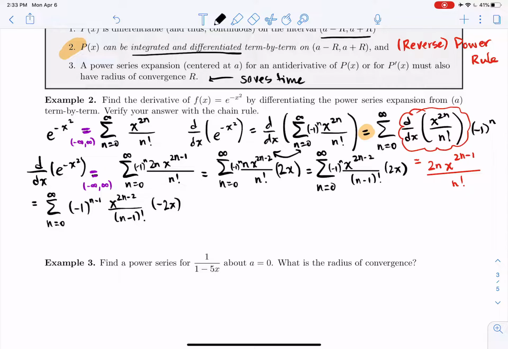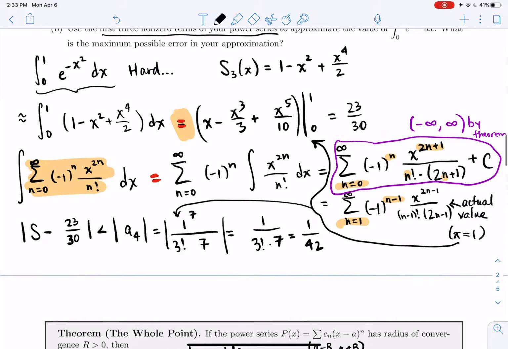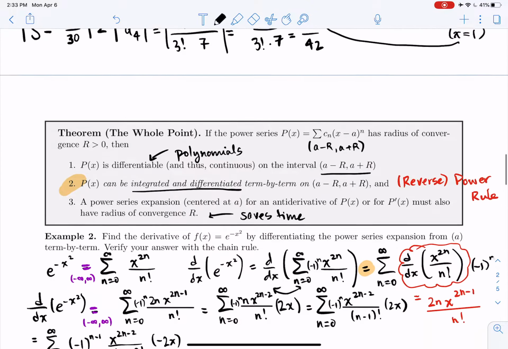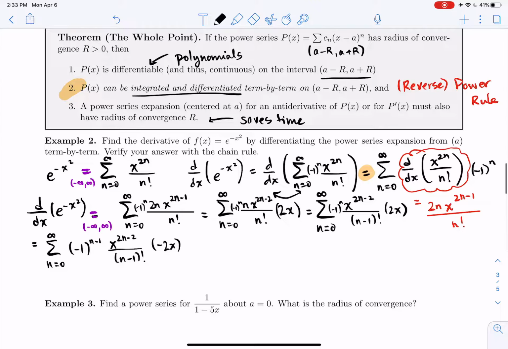Okay, and then last but not least, because we've dragged a couple things over, the first couple terms here are going to be, oh no, we're fine. Okay, we're golden.